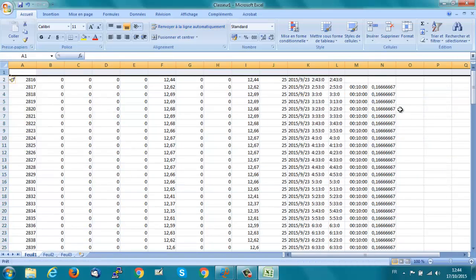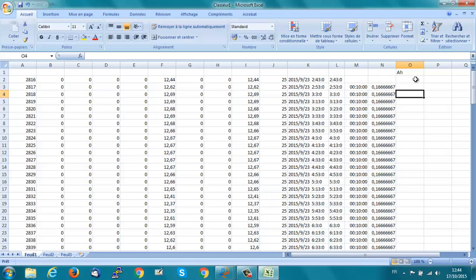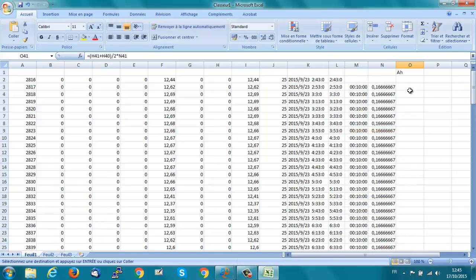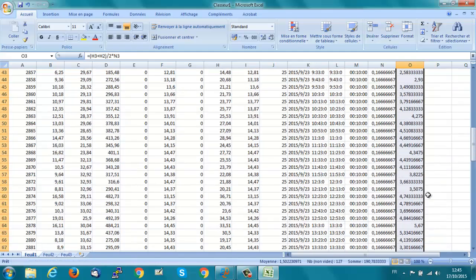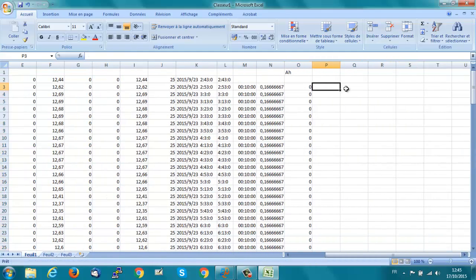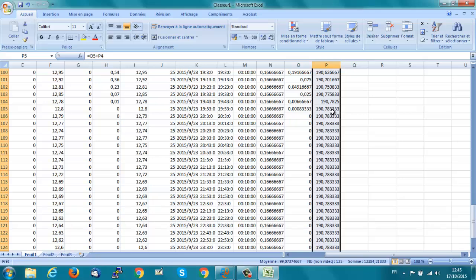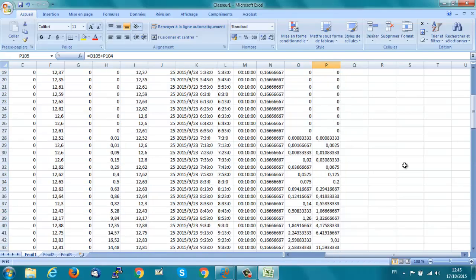So basically 10 minutes is 0.16 hours. And now what I'm doing is I'm calculating the number of ampere hours between a 10 minutes timestamp. So I'm getting basically the average of amperes at the beginning of 10 minutes and at the end of 10 minutes. And now I'm adding it all together and accumulating it.